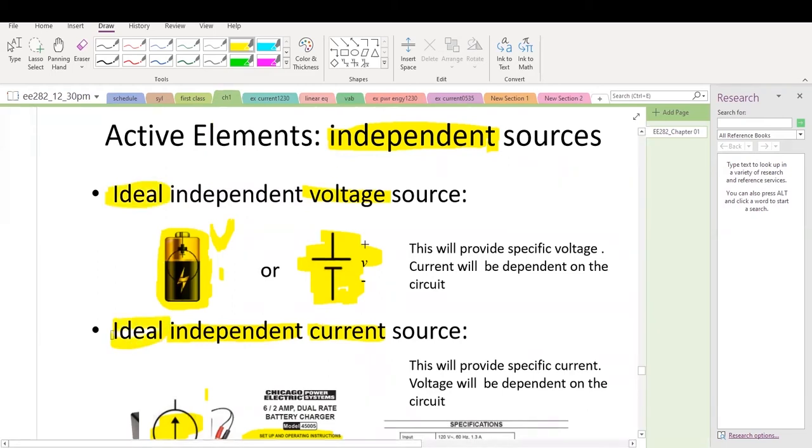By the way, we talk about an ideal independent source, which means that this voltage source does not change with time. For example, if it has 5 volts today, it will have 5 volts tomorrow. One month later, it still has 5 volts. So just ideal. We do not consider the decay or loss of the voltage with respect to time.